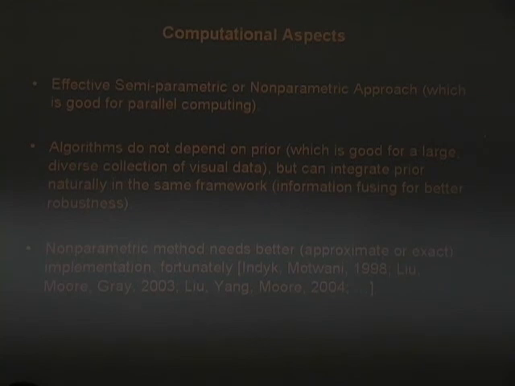The computational aspect is, I would say, very simple. It's non-parametric, it's easy for parallel computing, and with random partition, when you combine them together, it guarantees the global optimum. Also, the KNN needs a better implementation, but fortunately there are some ARM papers.